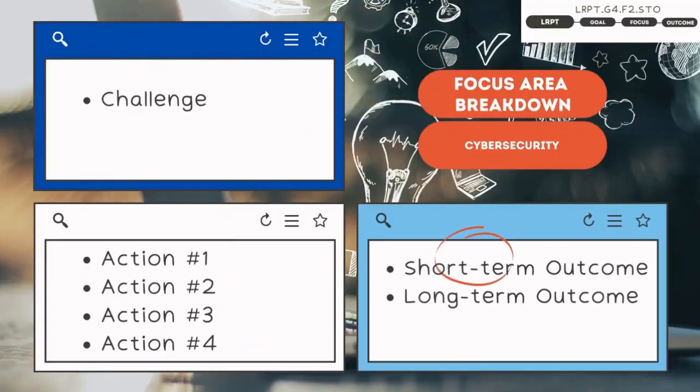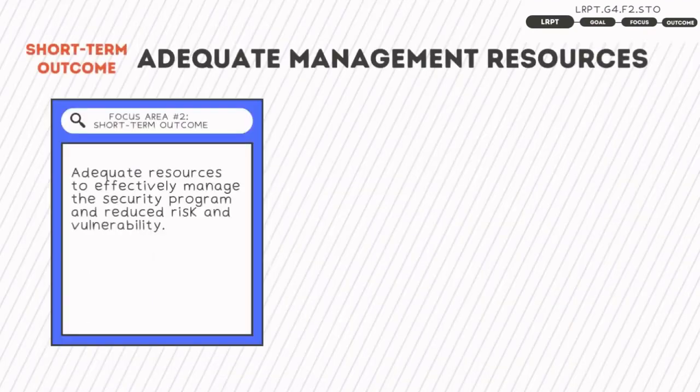Now that we understand the challenge and have some actionable ideas, let's look at outcomes. The short-term outcome of focusing on cybersecurity is adequate resources to effectively manage the security program and reduced risk and vulnerability.